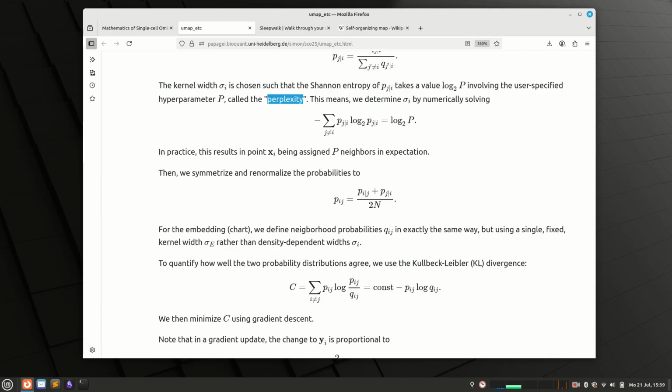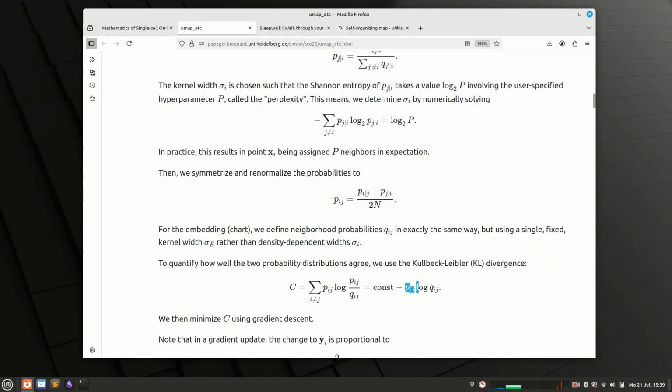Machine learning people like to call this a cross entropy, because it's the expected information content of Q following the probability distribution of P. And they want to minimize this divergence.